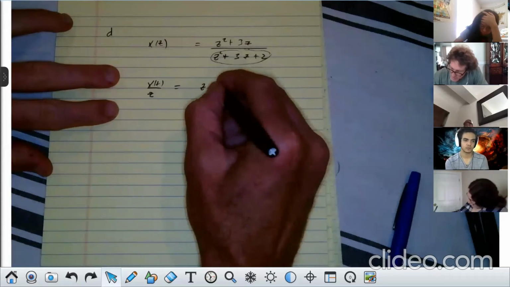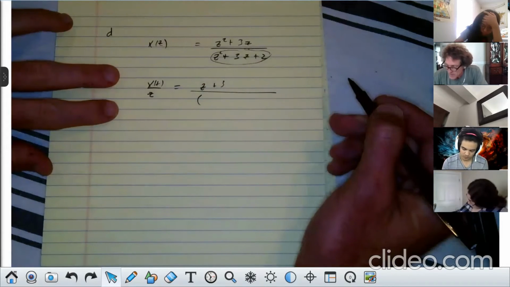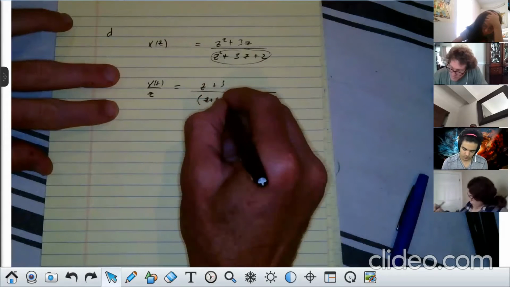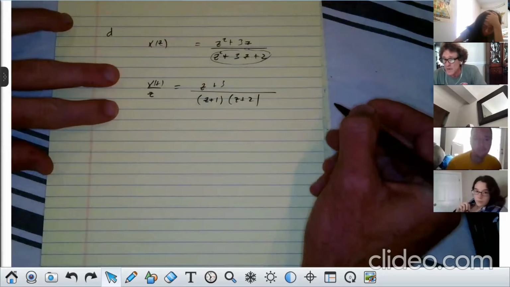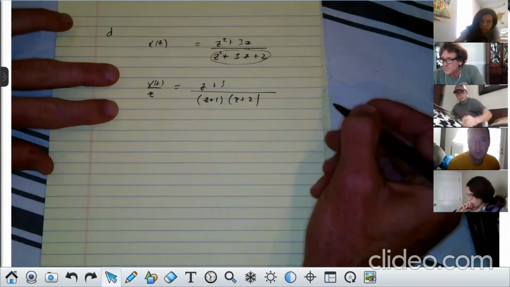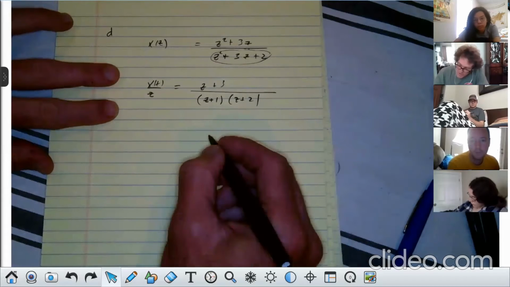Now I have Z plus 3 over, and what is this factored to? Z squared plus 3Z is what? Z plus 1, Z plus 2. Do you agree? Got to make sure you all see this, guys. Now if you have that, I'm going to do a pole expansion of it.